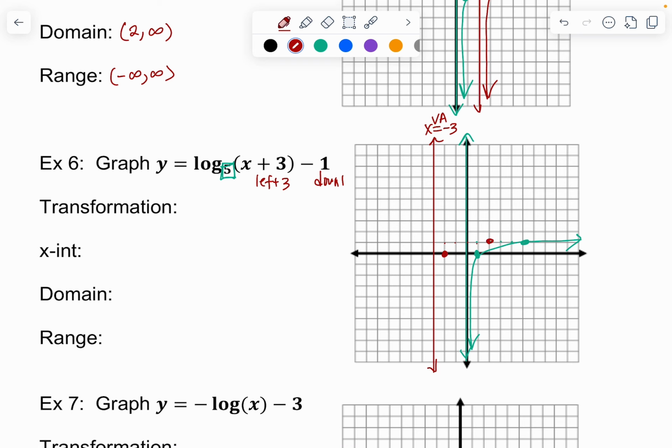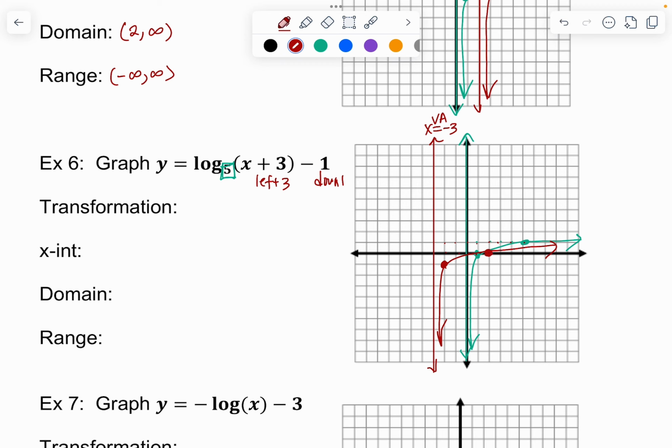And then this is also shifting down. So I should, before I graphed those, I should have shifted them down. So we're going to shift them left 3, 1, 2, 3, down 1. Left 3, 1, 2, 3, down 1. And so down towards the asymptote, up to the right.